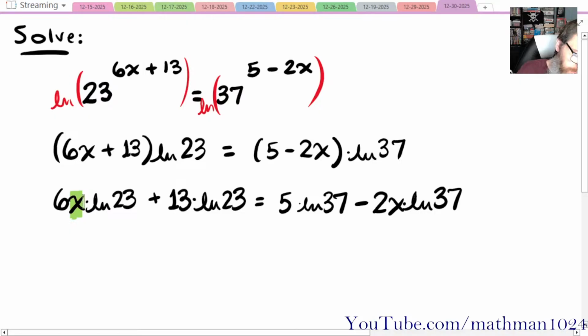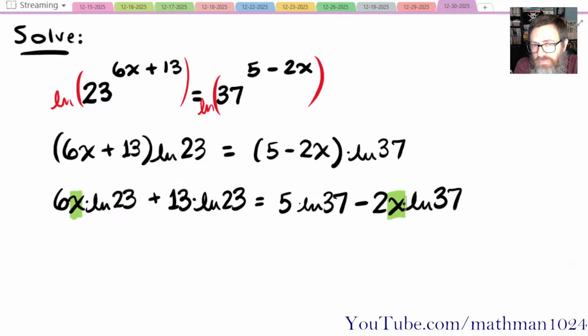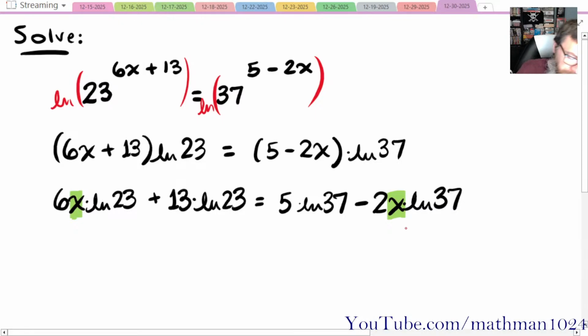As we saw in the previous problem, we've got two instances of the variable x. So that means we have to get everybody that has x on the same side of the equation. If you don't have x, you go on the other. Now, I do a shortcut here, but I don't show everything. I'm going to mentally move this guy over to the left, and that's going to put all of the x's on the left side.